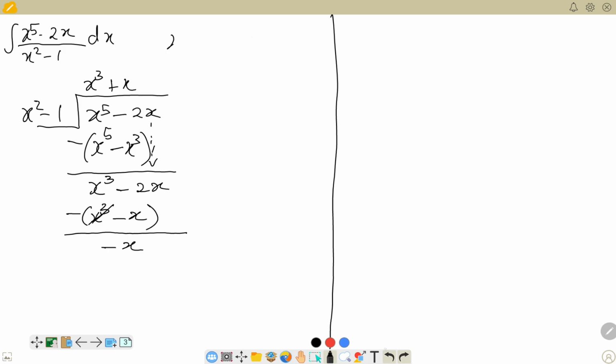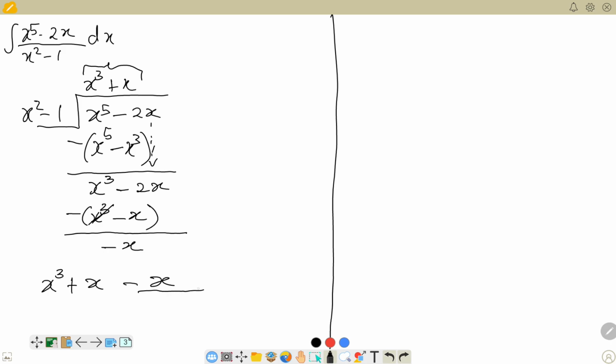So from here we can see that now we have a lower power. What we need to do is to take this. We don't get rid of those. Now we have to write them, x to the power 3 plus x. So now is the one that we have reduced.